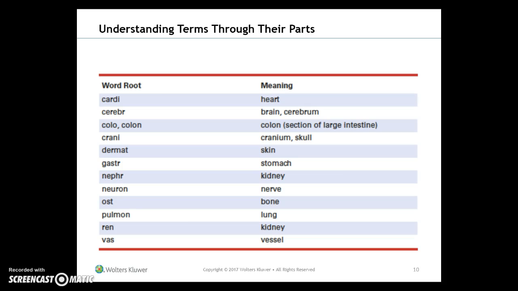Cardi means heart, cerebr means brain or cerebrum, colo or colon means colon, crani is cranium or skull, dermat for skin, gaster for stomach, nephr for kidney, neuron for nerve, ost for bone, pulmon for lung, ren for kidney, and vas for vessel. And you may recognize some of those word roots in common words that you've heard.